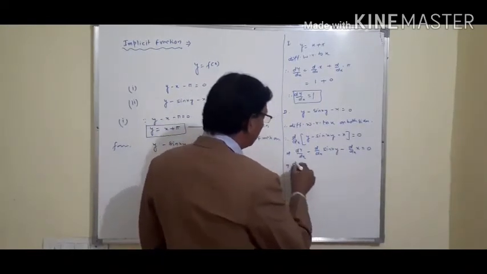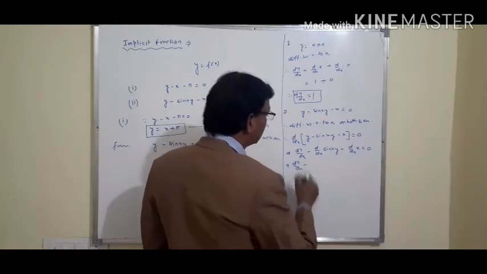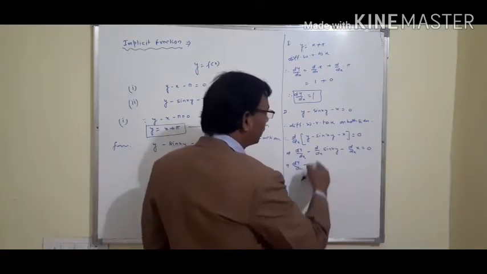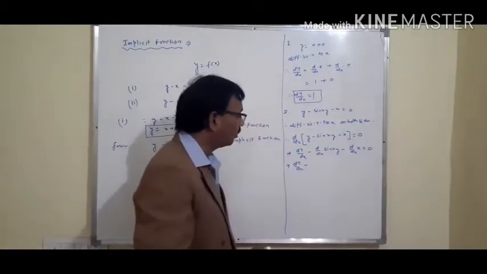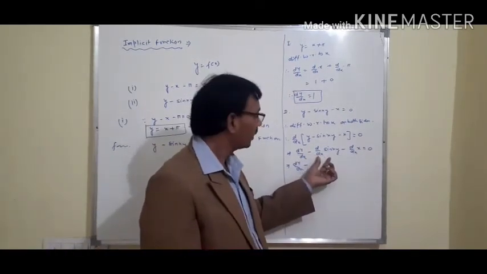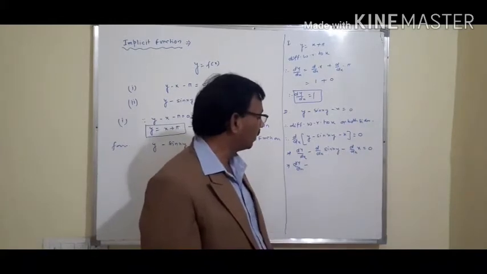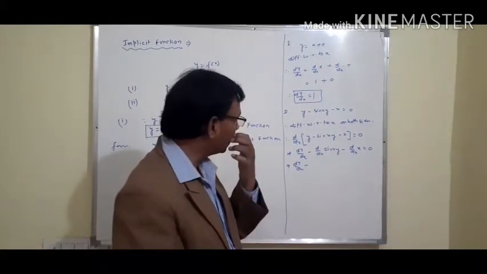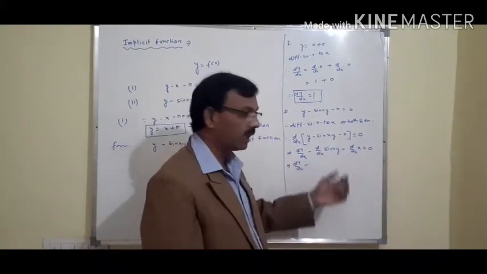Now this will be dy upon dx minus d by dx of sine of xy. That means we try to find the derivative of sine xy with respect to x. In previous videos we have already discussed the chain rule.